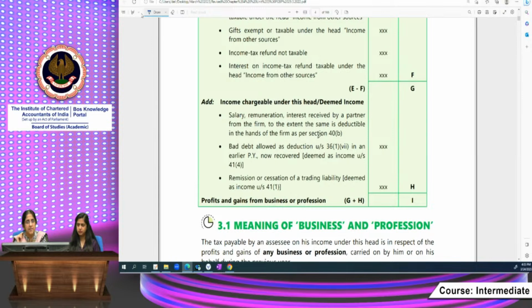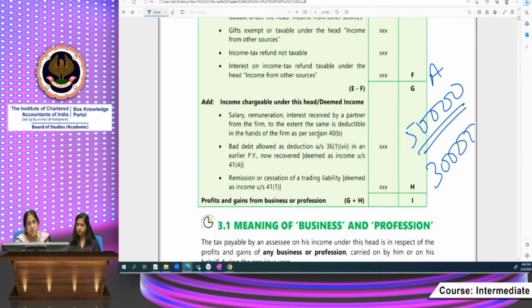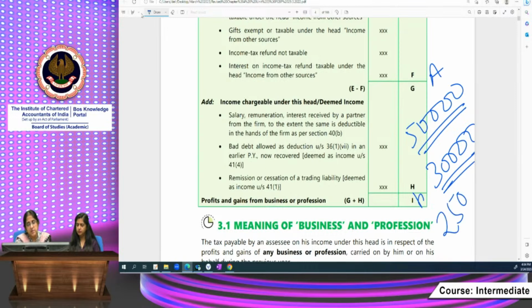Then bad debt recovered. Suppose earlier my debtor, Mr. A's account, was 50,000, and I was allowed a 30,000 deduction, as bad debts written off in the earlier year. Now I recover 25,000.